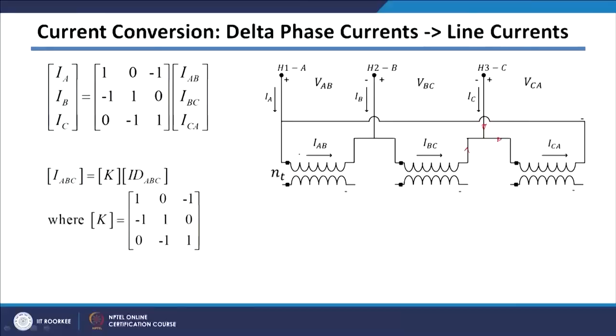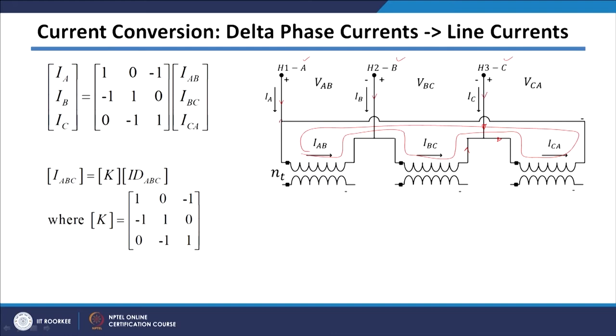Now, we will see current conversions. In current conversions, many times we need to convert delta phase current to line currents, or vice versa, line current to the delta phase currents. I have shown one example here. Let us see these windings which are connected in delta fashion. You can see that they are connected in a loop like this, which is a delta, and there are 3 terminals A, B, C connected to this delta, with current IA coming in, current IB coming in, and current IC coming in.